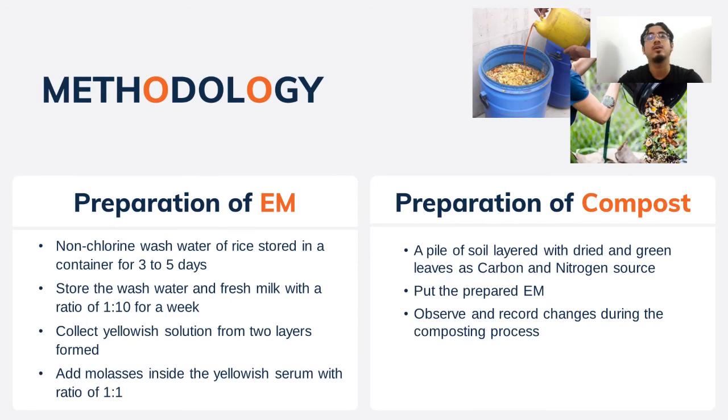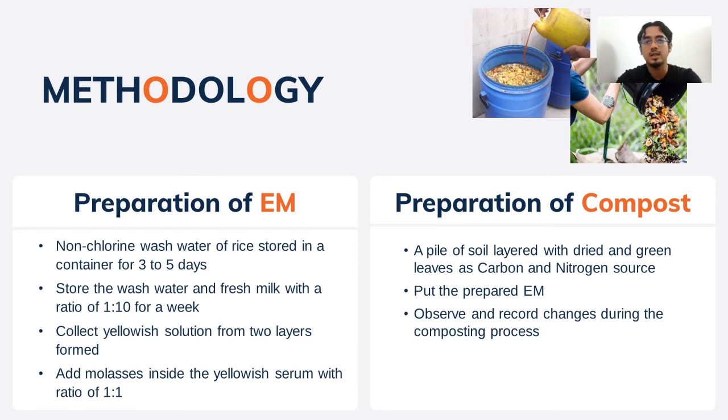Then for the methodology, the first thing is preparation of effective microorganism or EM. The first step is to clean rice with water that does not have chlorine, and the wash water is collected and stored in a container for 3 to 5 days. Secondly, put the wash water and fresh milk in a clean container with a ratio of 1 to 10 and store for a week.